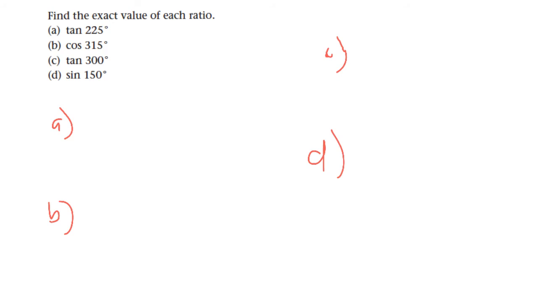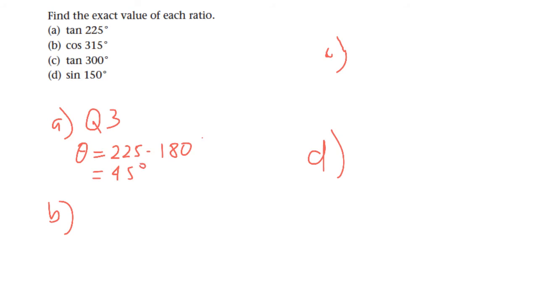So tan 225, that puts me in quadrant 3. To find my acute angle, I take 225 and subtract 180 degrees. So that means my acute angle is 45 degrees.